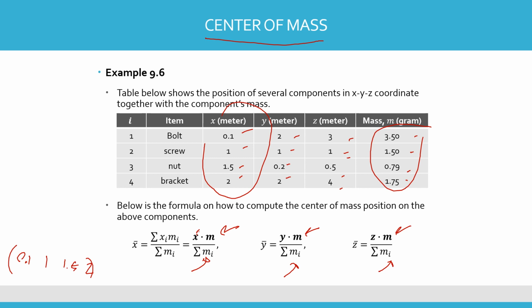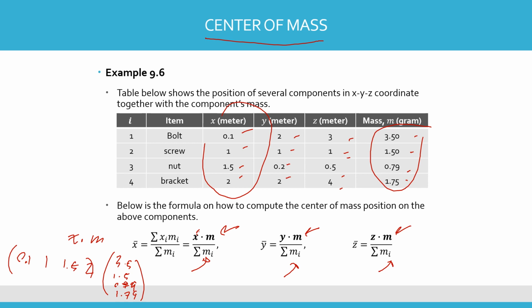How to do the dot product? Of course you need to have the mass rearranged as a vertical one. So 3.5, 1.5, 0.9, 79, 1.75. So you see here, this is a dot product of x and m.